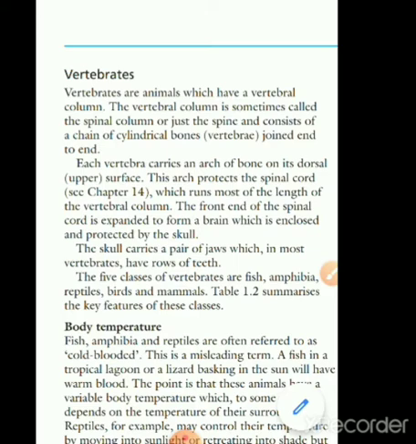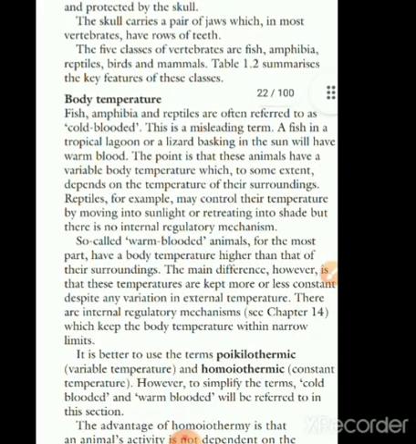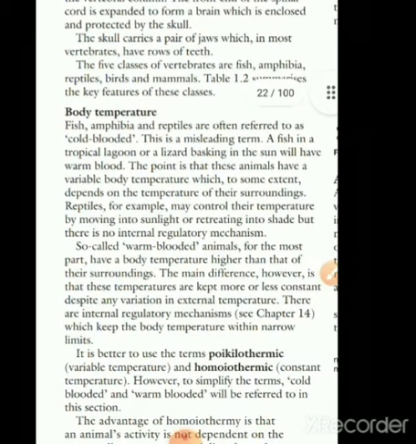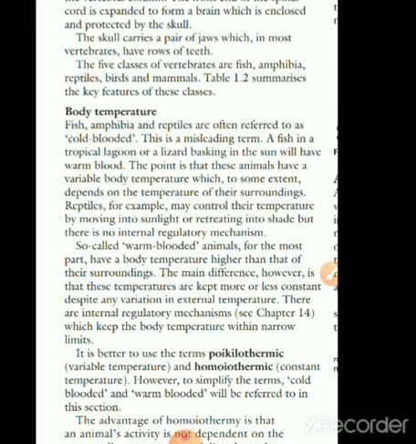The next point is another way to categorize vertebrates, and that is body temperature. There are two terminologies: cold-blooded organisms and warm-blooded organisms. When it comes to cold-blooded organisms, it is a misconception that their body freezes or they can't maintain their body temperature.